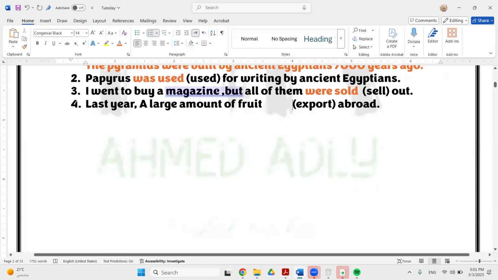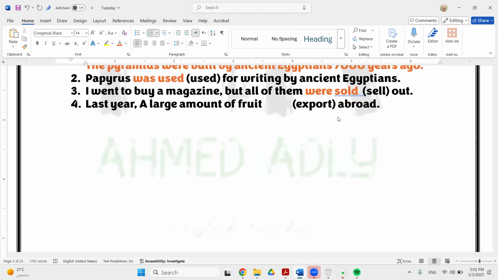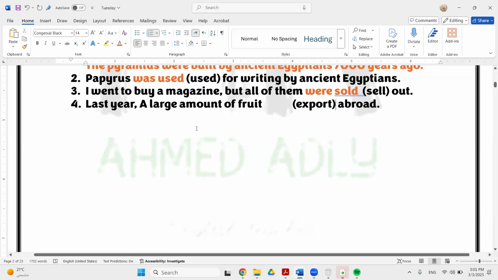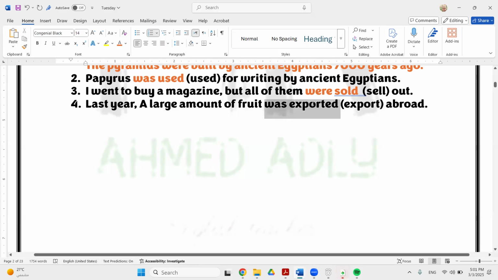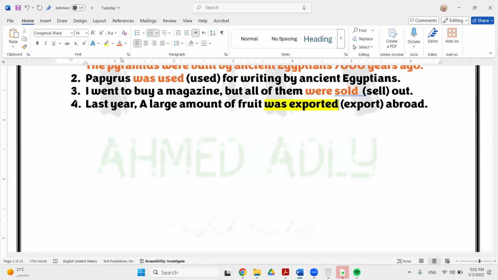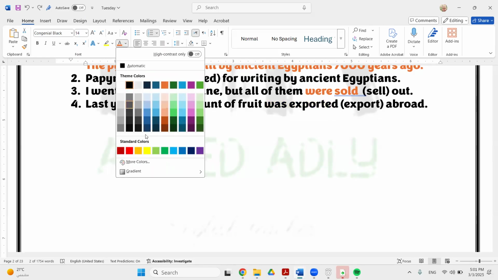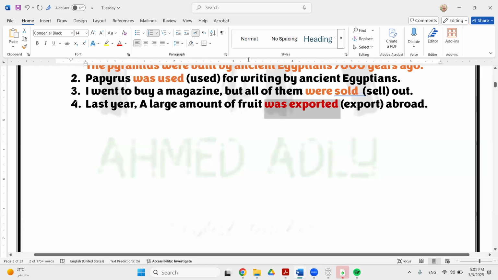Who's gonna take it? Okay, Mu'taz. A large amount of fruit was exported. Perfect. A large amount of fruit was exported abroad.